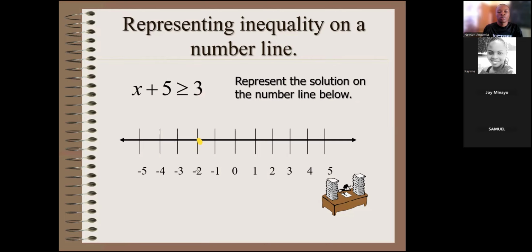So -2 can also be part of our solution. And your accepted values are going to be on which side? Not the left side, but the greater side, the right-hand side, because it's supposed to be greater than or equal to -2.